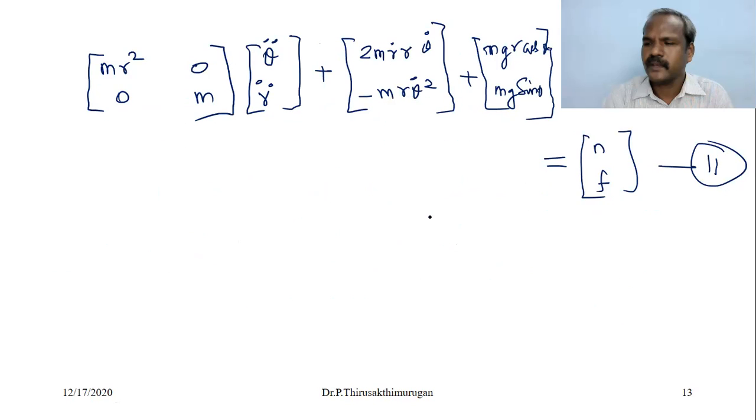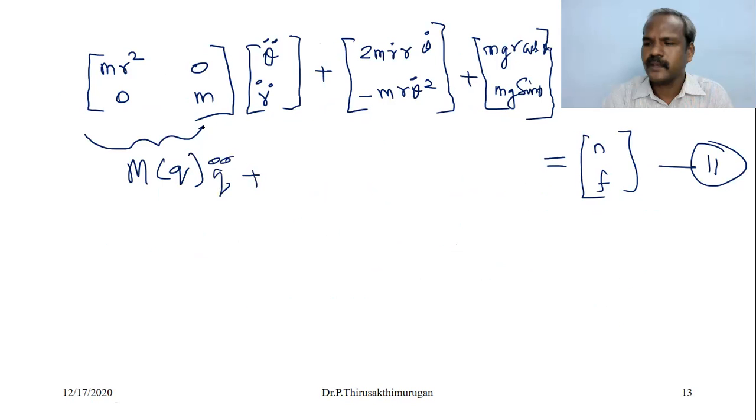Understand? So this one is m of q, the first term related to acceleration, the second order term. So m of q into q double dot, plus the second term, the Coriolis term.